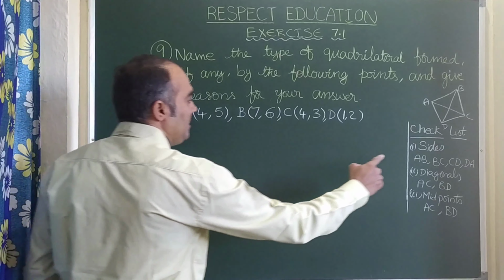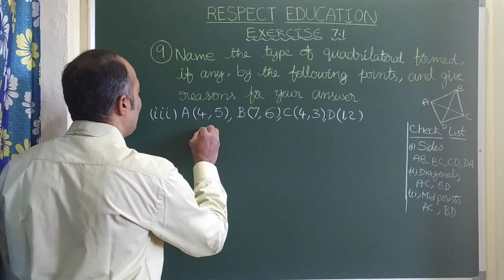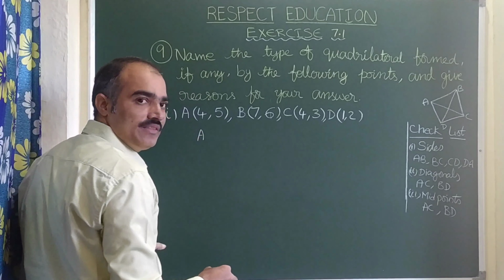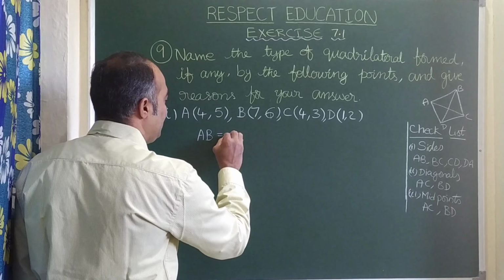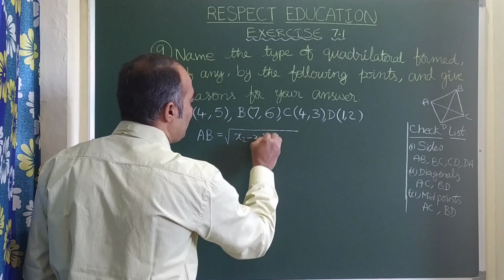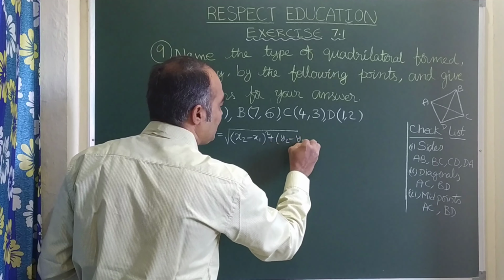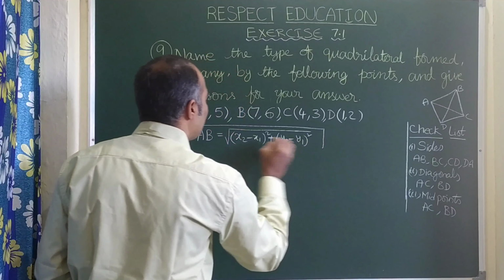First one is we need to find the distance between A and B. Let us write the distance formula. The distance between the points A (x1, y1) and B (x2, y2) is under root (x2 minus x1) whole square plus (y2 minus y1) whole square. So based on this formula we are going to solve this.